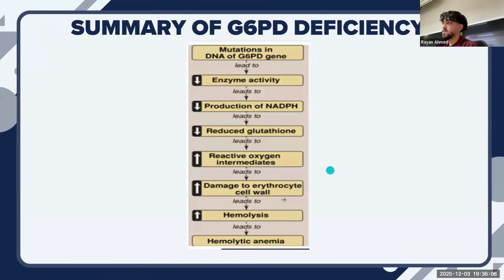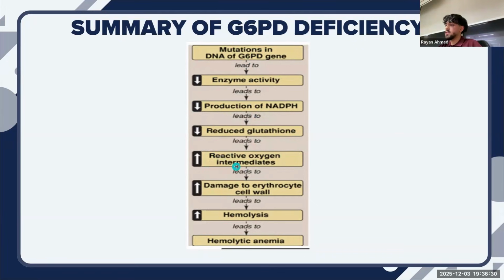This is the summary of G6PD deficiency. We have mutations of the DNA of the G6PD gene, so we don't have G6PD being produced. The rate-limiting enzyme is gone. Enzyme activity decreases, and production of NADPH decreases as well. Reduced glutathione, very important, decreases.